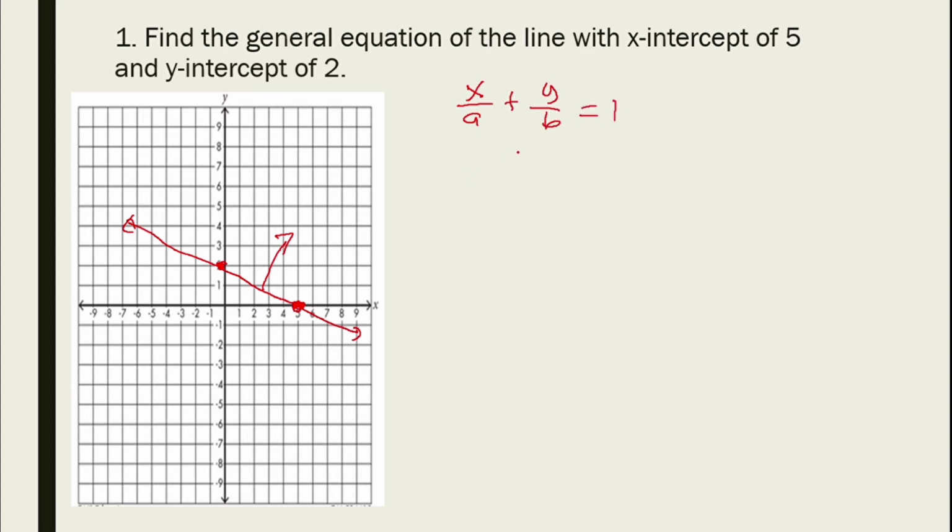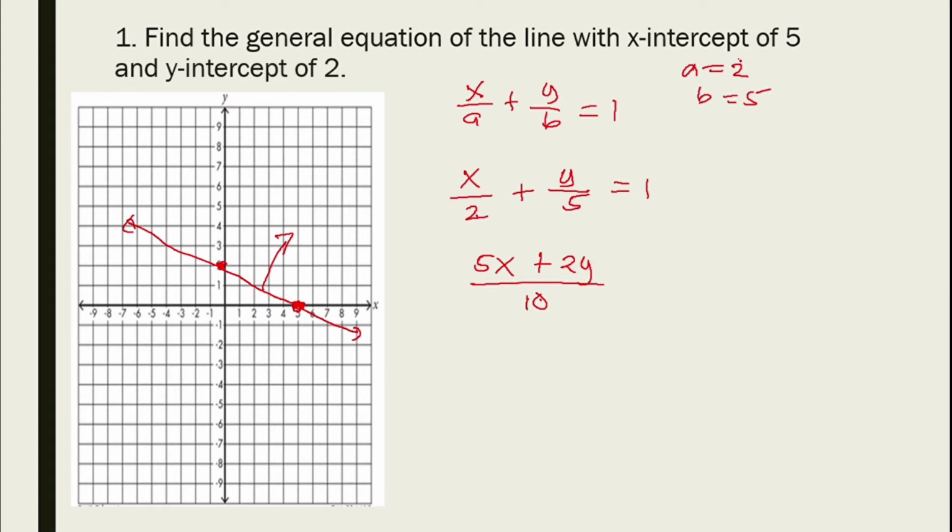What is our a? 2, and b is equal to 5. So x over 2 plus y over 5 is equal to 1. The LCD of this part is 10. 10 divided by 2 is 5, so this is 5x, and this would become plus 2y.